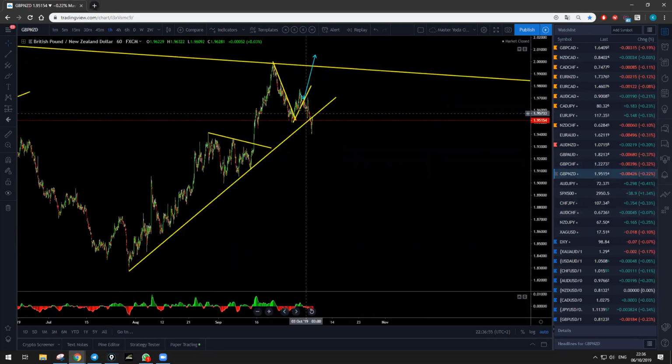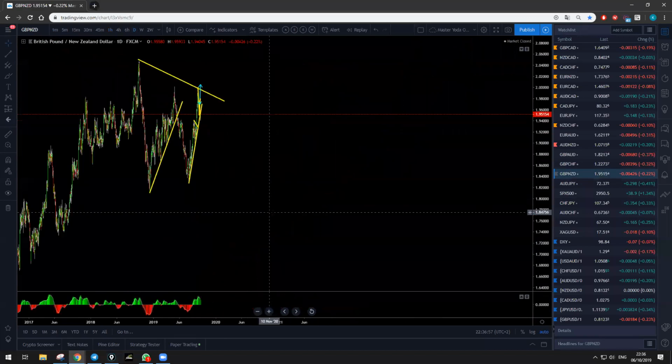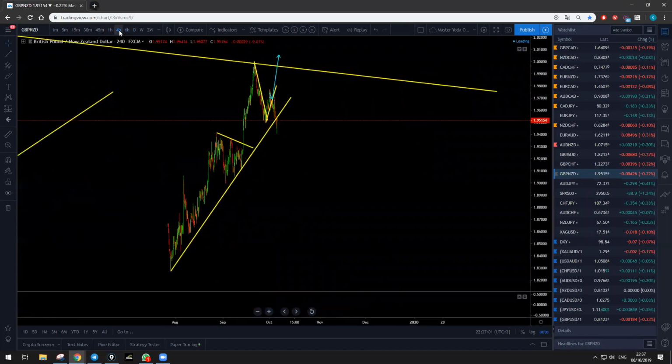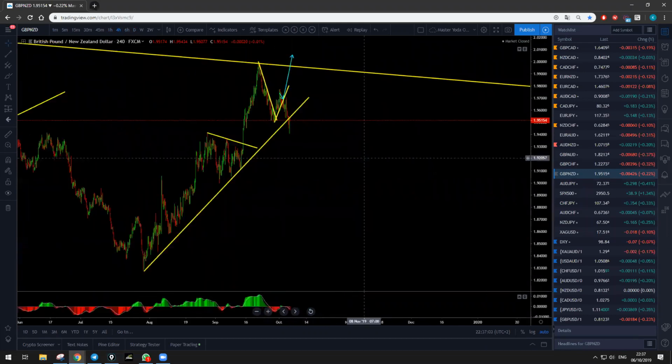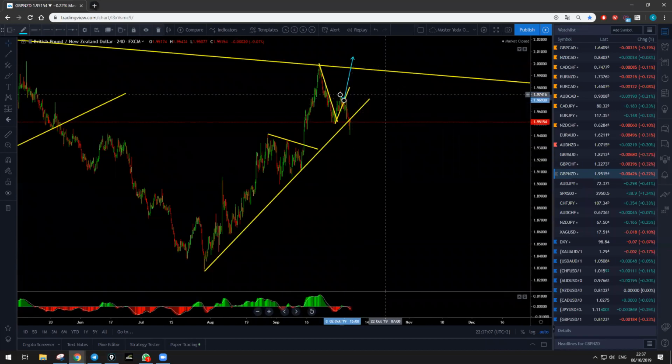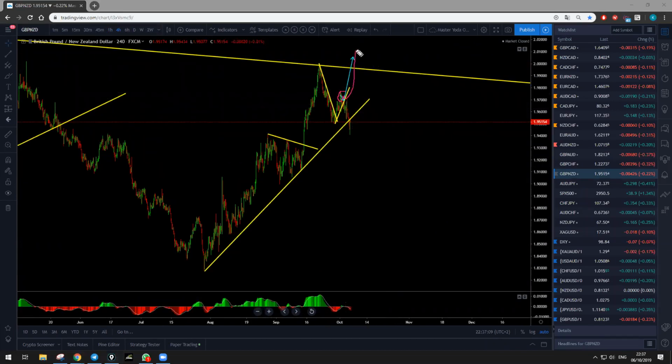Pound New Zealand daily. Okay, I see that. Okay, there is a new high. Let me erase those lines. I was anticipating that the price will go from that trend line and make a new high, but it didn't.